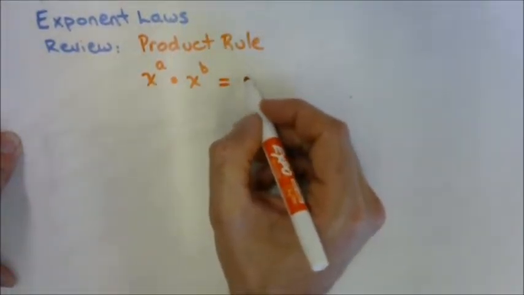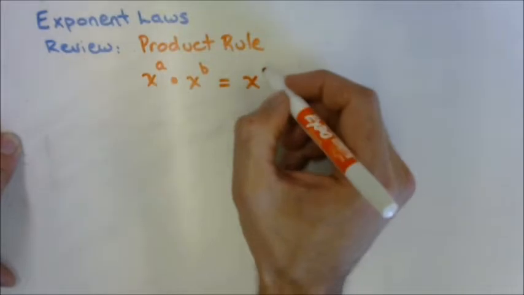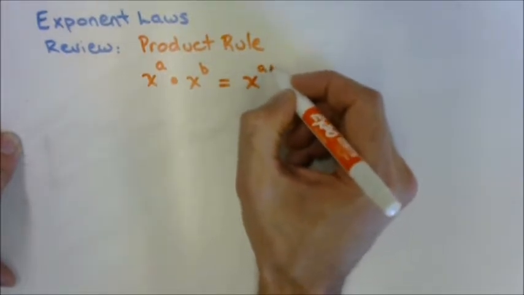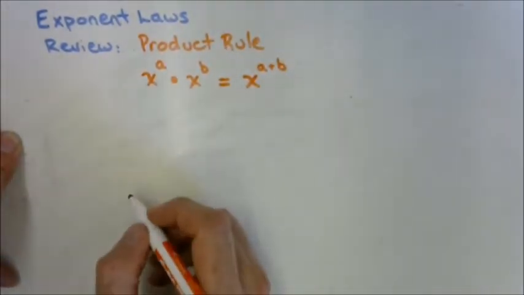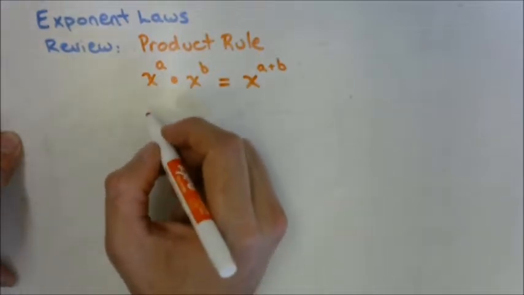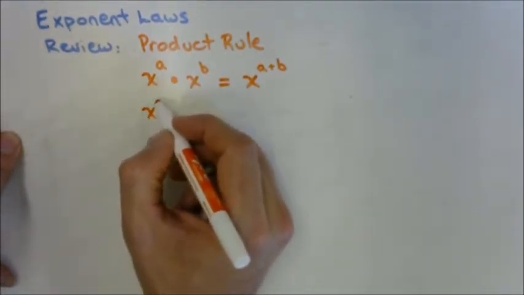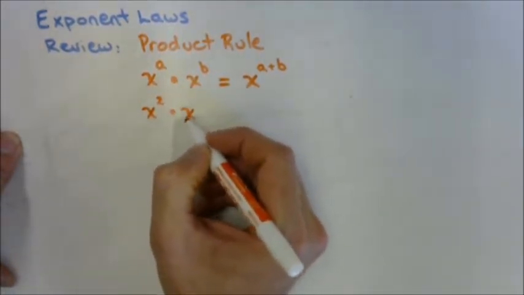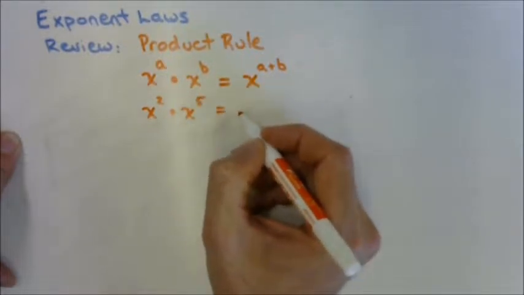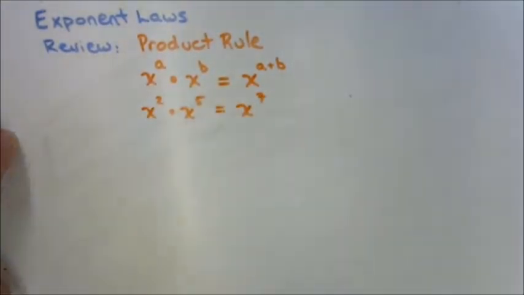What do we do? Yeah, good job. We add our exponents. x to the power of a plus b. So just a quick example of that. If you had x to the power of 2 times x to the power of 5, you would end up with x to the power of 7.